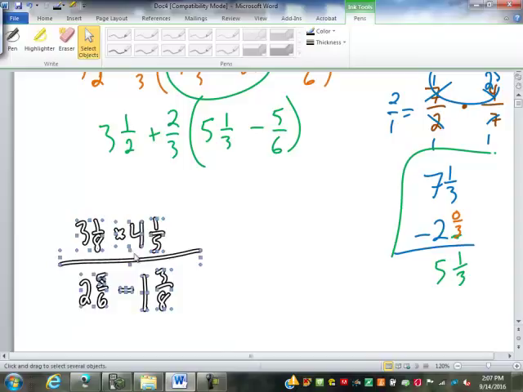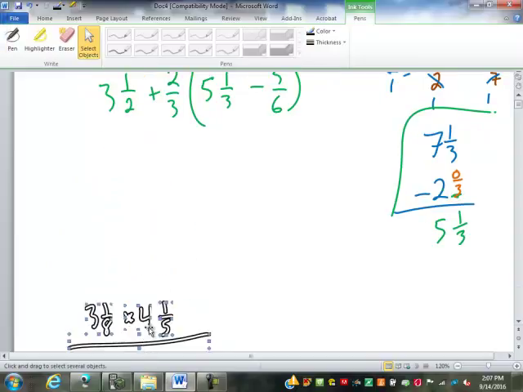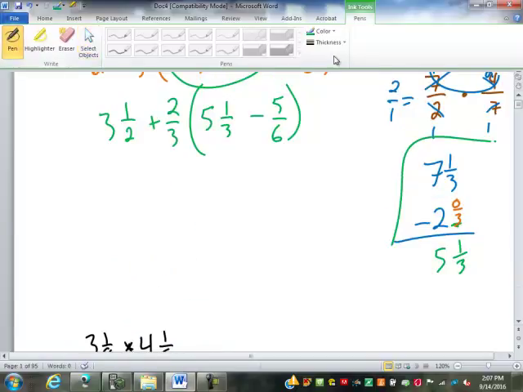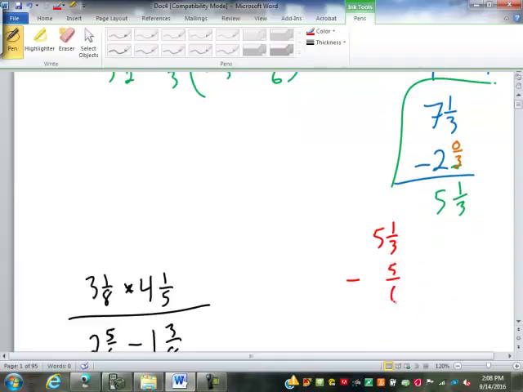So now, what's our last step inside the parentheses? We're going to do the subtraction, right? So we have 5 1/3 minus 5/6. We do need a common denominator, which is going to be what?